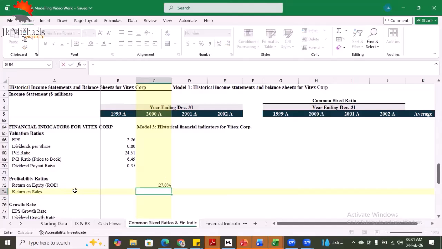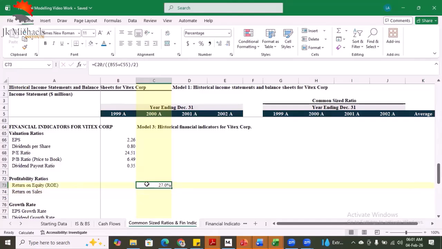Okay, now let's see return on sales. Now, return on sales would compare sales over, or sorry, EBIT over sales. Both of which are, let me explain something. Now, if you're comparing an income statement item against a balance sheet item, then what we'll need to do is take an average of the previous year and the current year.